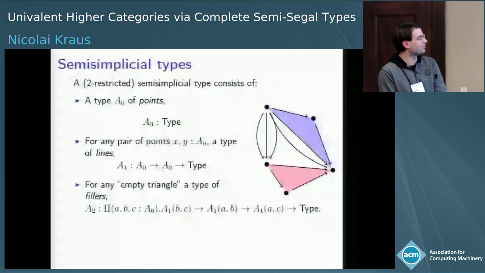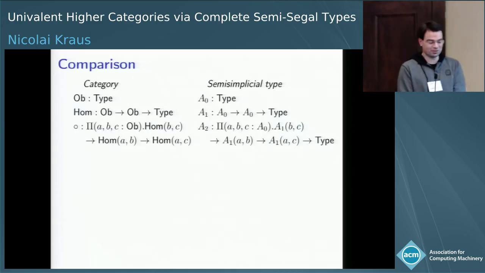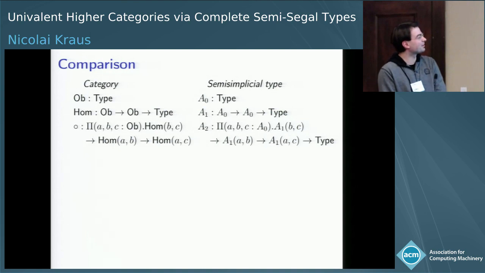And so now, what do these semi-simplicial types have to do with categories? This, I hope, is not too difficult to see if we start. A category has these objects and morphisms, and now if we look at semi-simplicial types, these are exactly the same, right? We first have a type of points, and then a type of lines.